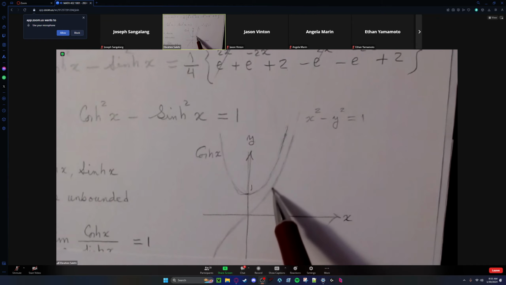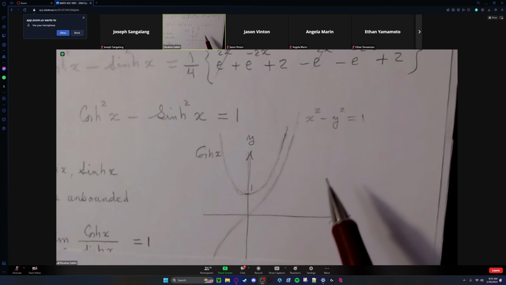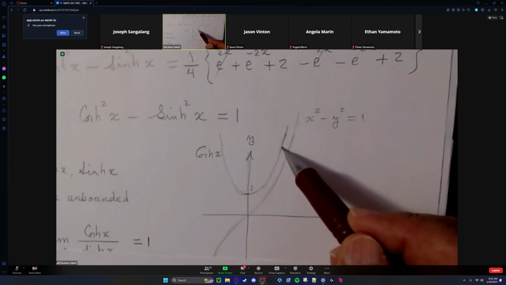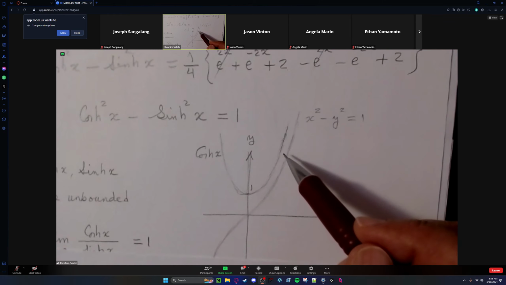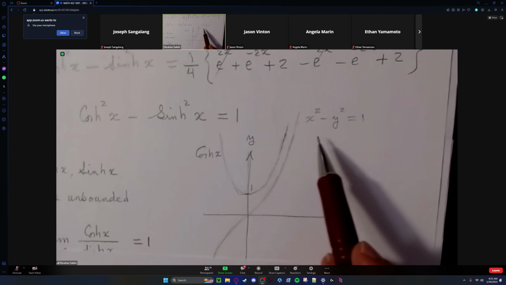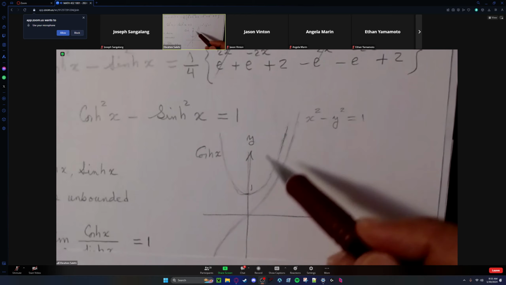And this is sine hyperbolic. Now, these two functions have asymptotic behavior when x approaches infinity.